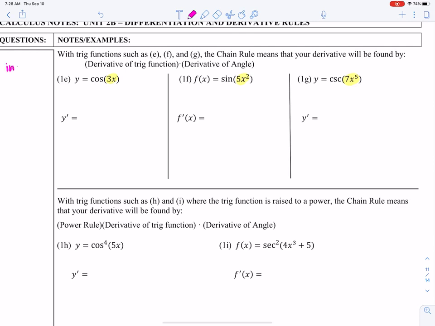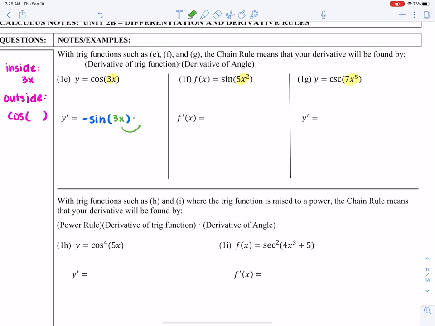Our inside function on this first example is going to be 3x. Our outside function is going to be cosine of stuff. So when we take this derivative, the derivative of cosine is negative sine of stuff, and we're going to leave the 3x alone.